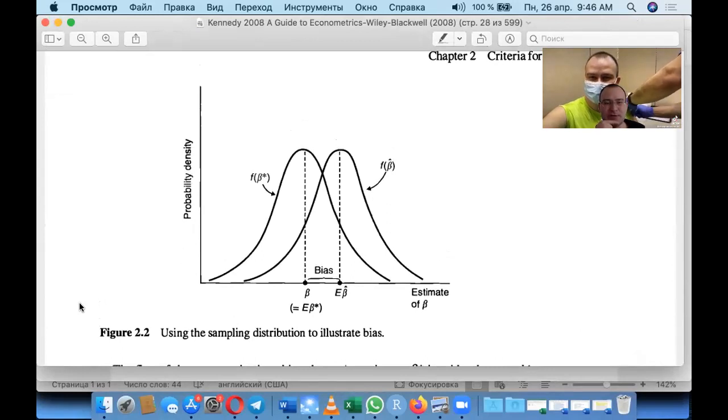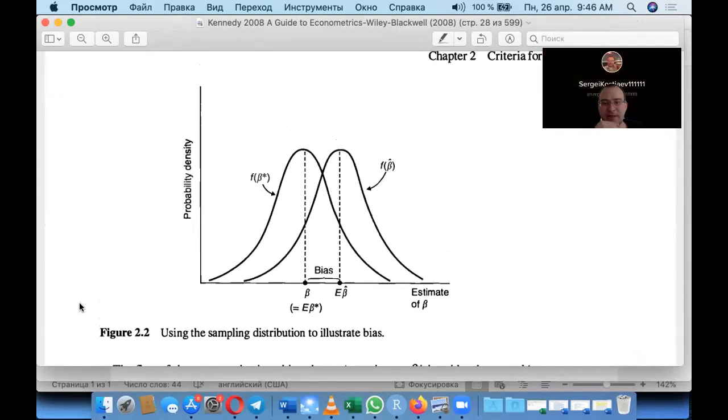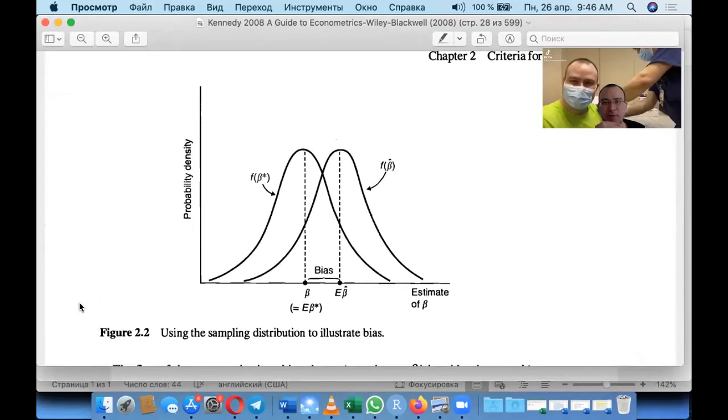So what you see is a sampling distribution. The idea is that you take a bunch of samples from the same population. Remember, population is what we study, the whole thing. And scholars usually don't study populations. They study a sample of the population, usually because of data availability.